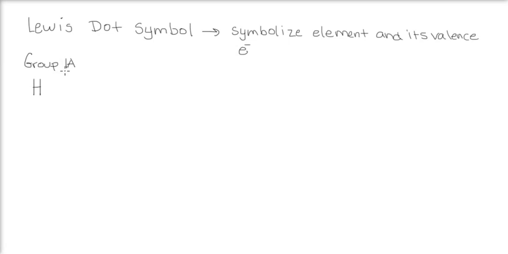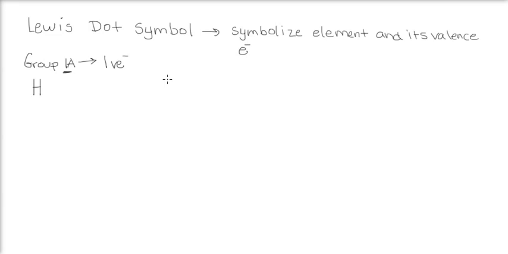And so based on the group number, using this methodology of numbering, this will tell you how many valence electrons elements in this group have. So hydrogen being in group 1 will always have 1 valence electron.